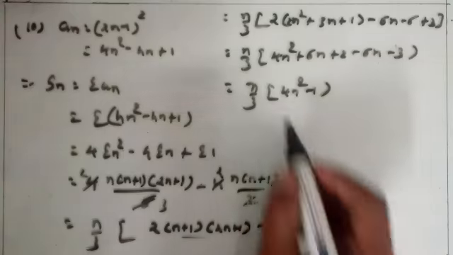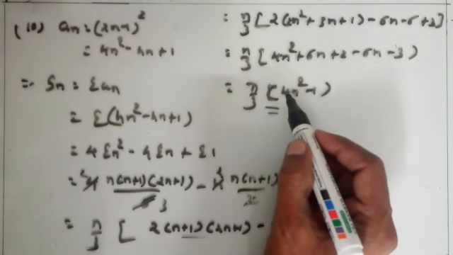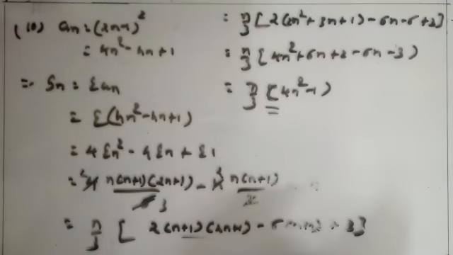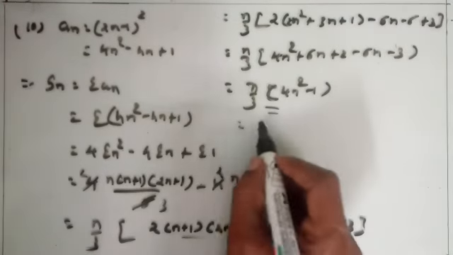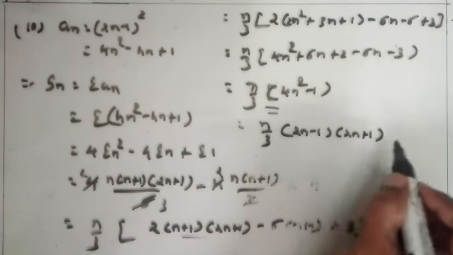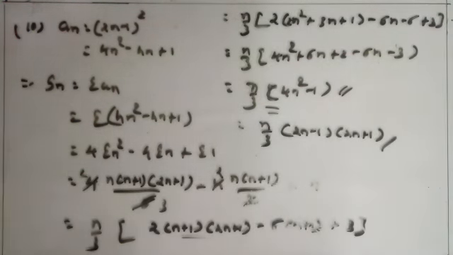Clear? Answer. In your book it is given as n into (2n minus 1) into (2n plus 1), which is a factor of 4n square minus 1. Clear? (2n minus 1) and (2n plus 1). Okay, this is the final answer. This is also the correct answer.